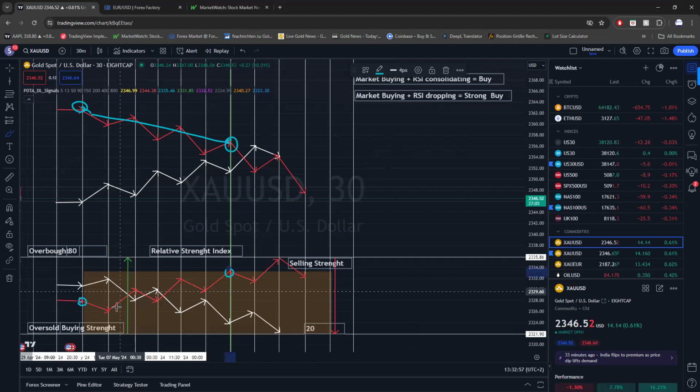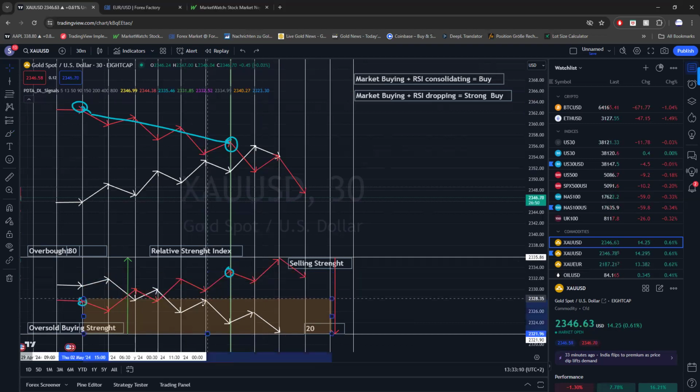Here, we have more people willing to sell this market. The selling strength has increased from here to here. You see the area from here, this rectangle has increased its volume to here.